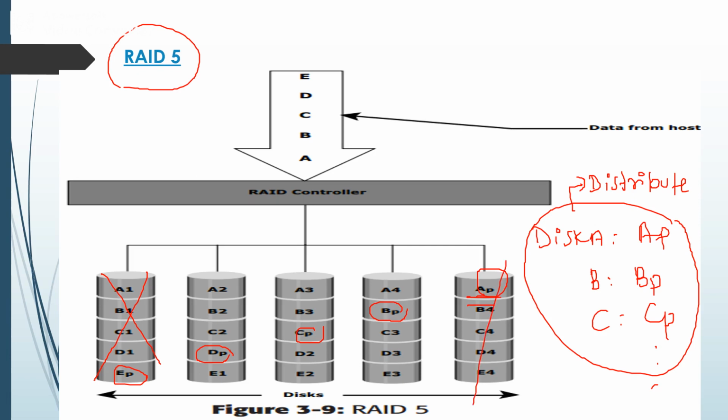Suppose if this disk is failed, I can reconstruct the data from the parity of disk A, as well as the data of the fifth disk can be reconstructed by considering the parity DP. So either the data can be reconstructed from the parity, or its parity can be calculated from the data. This is how the RAID 5 configuration works.